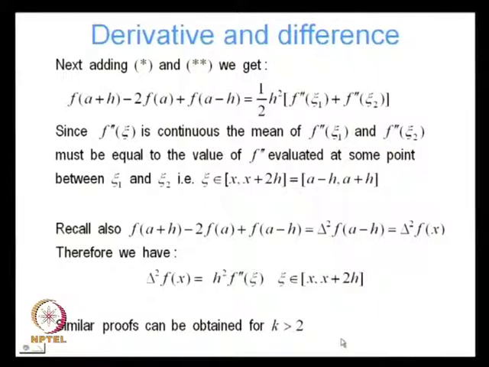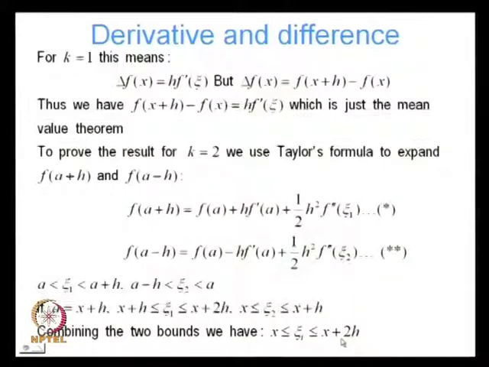So, then what do we do? We add these two. I add these two, so I get f(a plus h) plus f(a minus h), then I get f(a) plus f(a), that gives me 2 f(a), and this term cancels out.